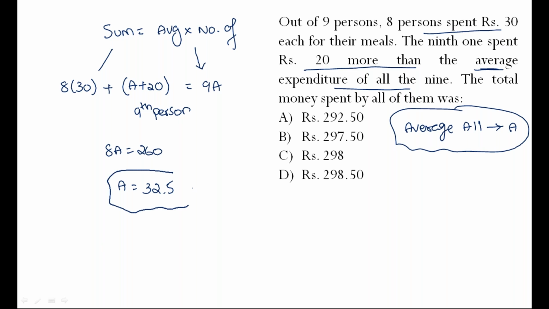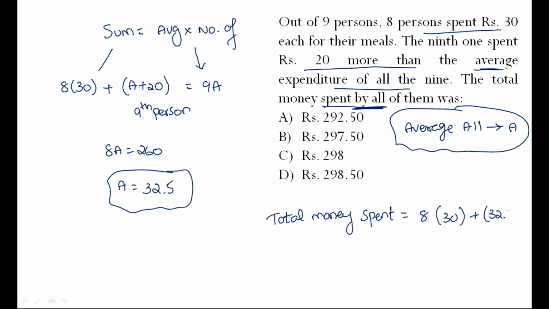But question is not about the average, my dear friends. Total money spent. How much money spent by all of them? Total money spent is nothing but equal to 8 into 30, each one is spending 30 rupees. 9th person is 32.5 plus 20, 20 more than the average.